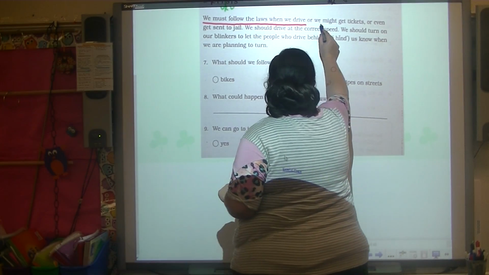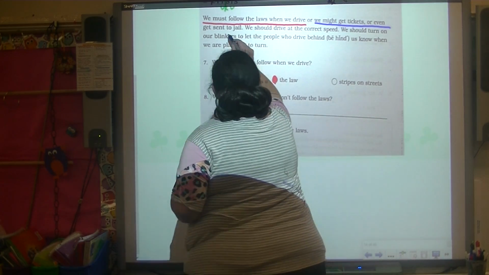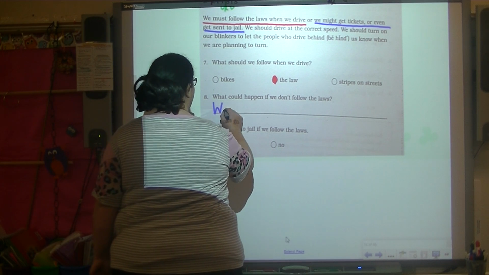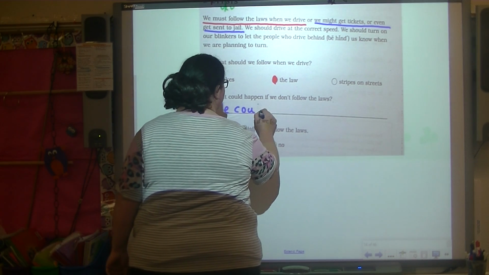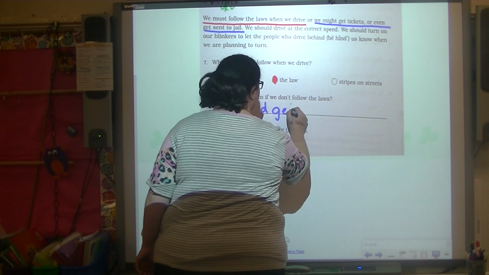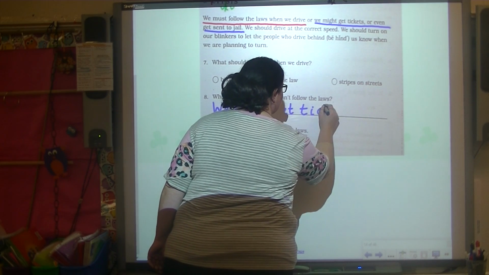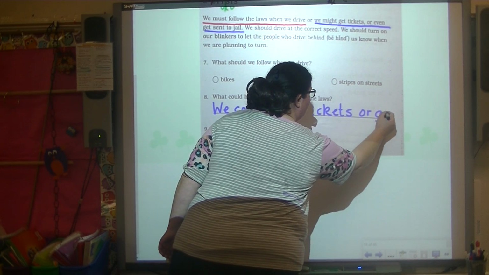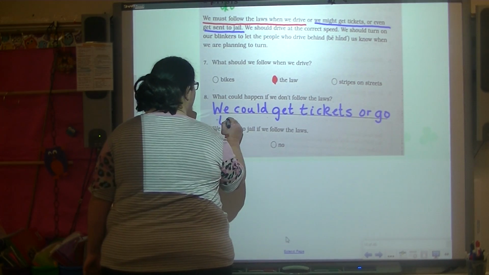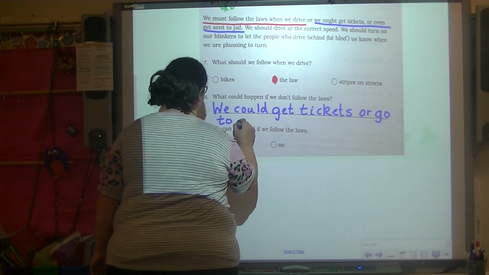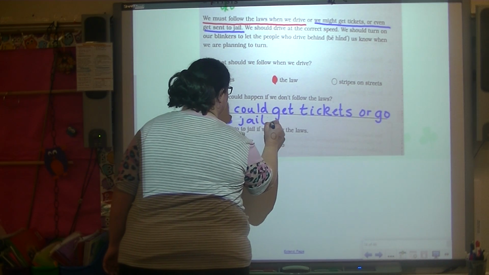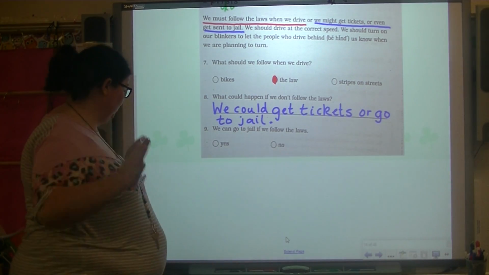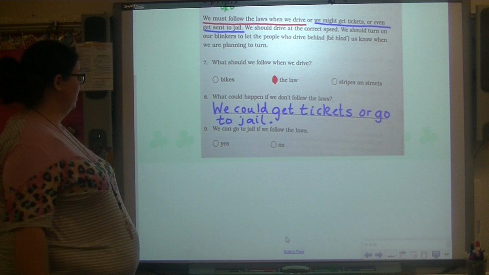It says, or we might get tickets or even get sent to jail. So what could happen? We could get tickets or go to what, guys? Jail. We don't want to do that. Or pay the tickets. They cost lots of money. We don't want to do either one of those. No.